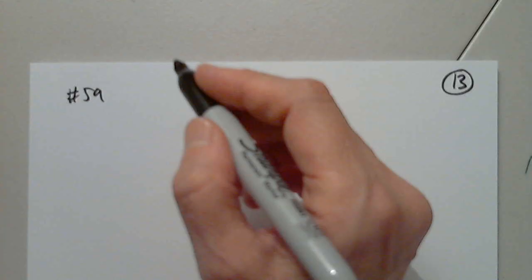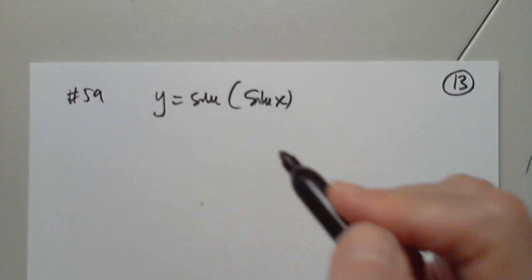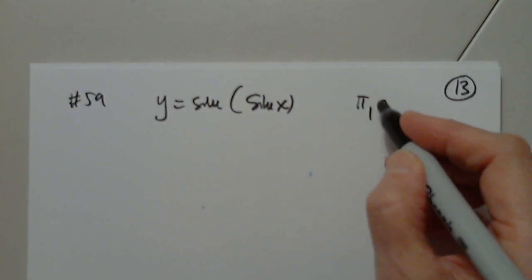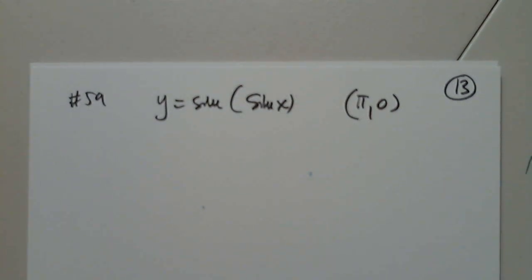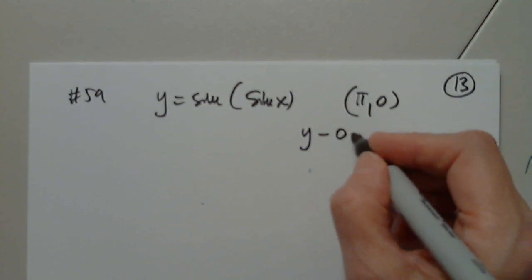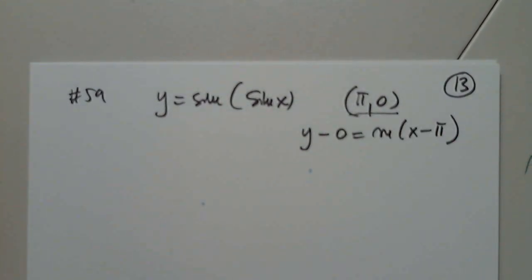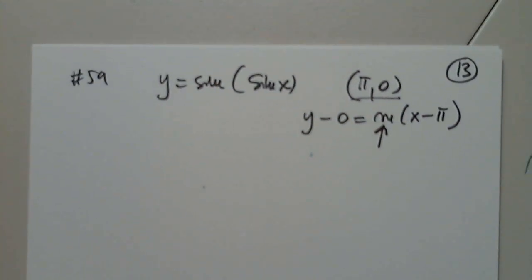And 59 would have y equals sine applied to sine x at pi comma 0. So we have y minus y1 equals the slope times x minus x1 using the point. The question is, how do I determine the slope?